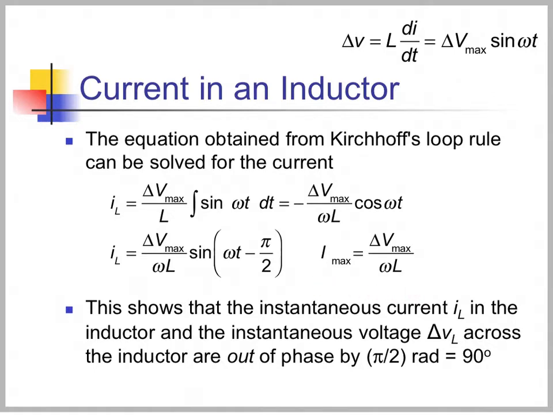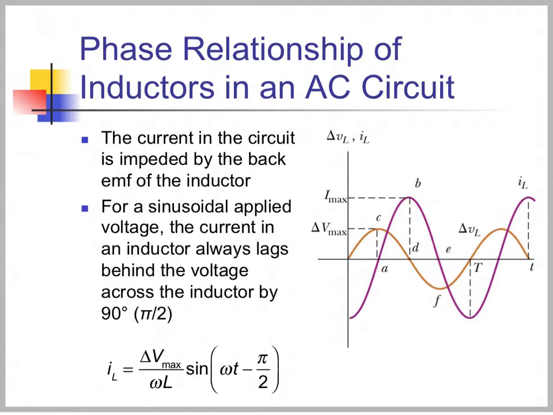It shows us that the instantaneous current in the inductor and the instantaneous voltage across the inductor are out of phase by π/2, or by 90 degrees. So if I were to plot the voltage across an inductor and the current through an inductor, we see that in this graph they're out of phase. The current in the circuit is impeded by the back EMF of the inductor.